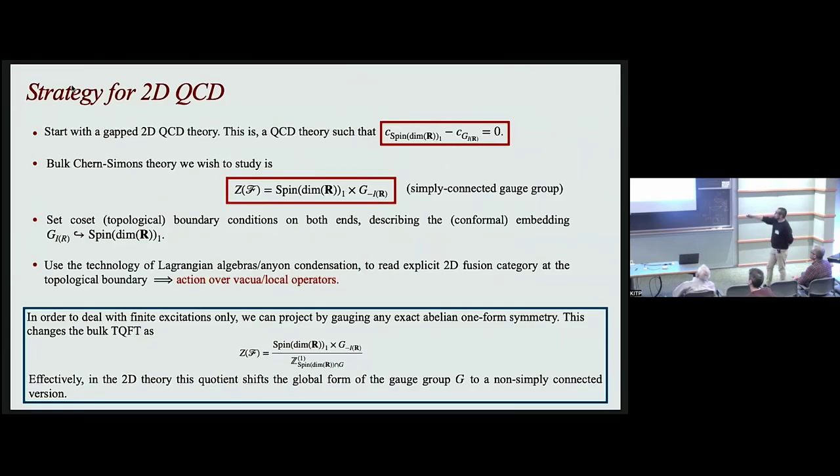So we take as bulk Chern-Simons theory Spin, which is the matter field for us, and G describing the gauge group. Now this is for simply connected gauge group. If you take a non-simply connected gauge group, you have to divide by something that is the common center or some abelian symmetry in the product.